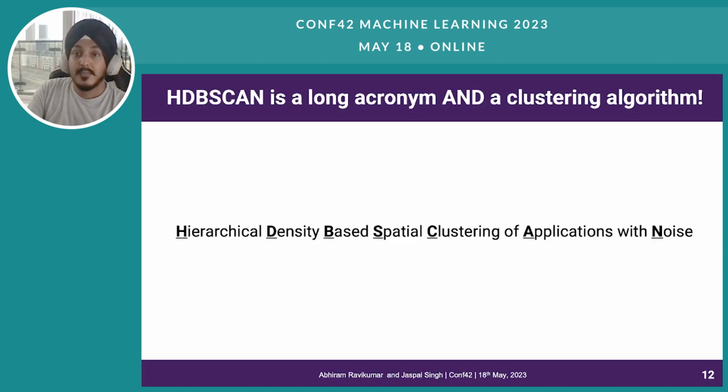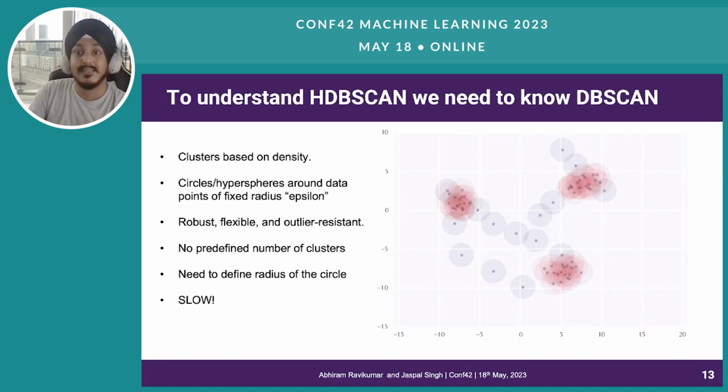If we want to know what exactly HDBSCAN is, we would want to know what DBSCAN is. On the right hand side of your screen, you find a list of data points scattered around the graph. You also see small circles encircling the data points. That's what DBSCAN does.